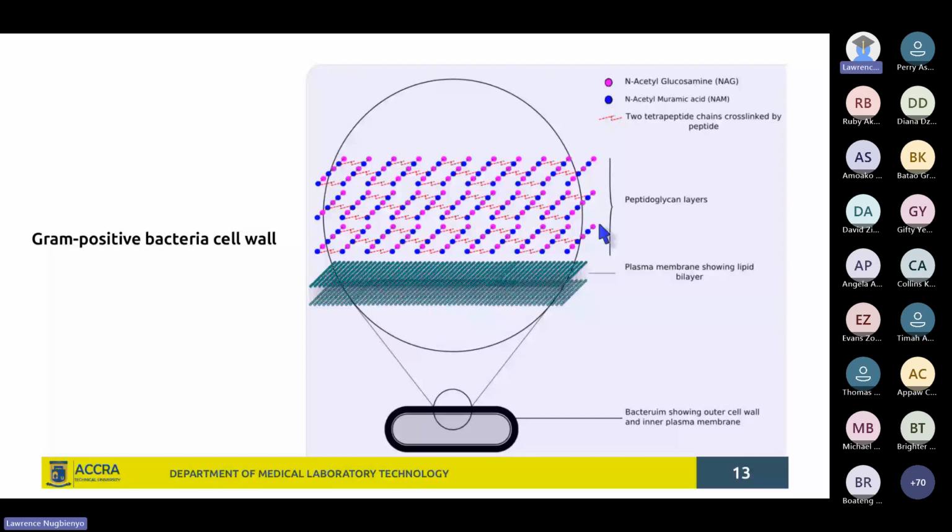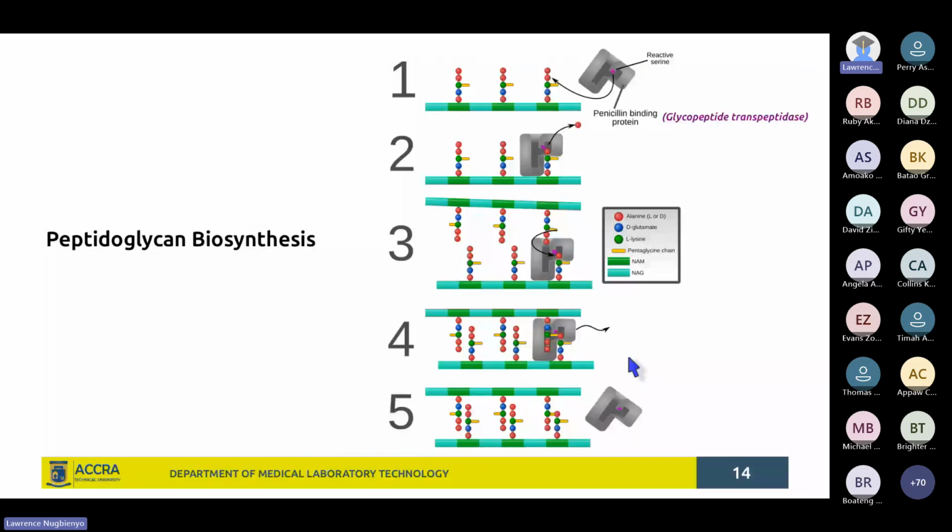All right, having seen that structure of the bacteria cell wall, let's also take a look at the synthesis of that, how that happens. Because there is a particular enzyme that will be targeted by an antibiotic. And if the drug is penicillin, that enzyme is referred to as a penicillin binding protein.